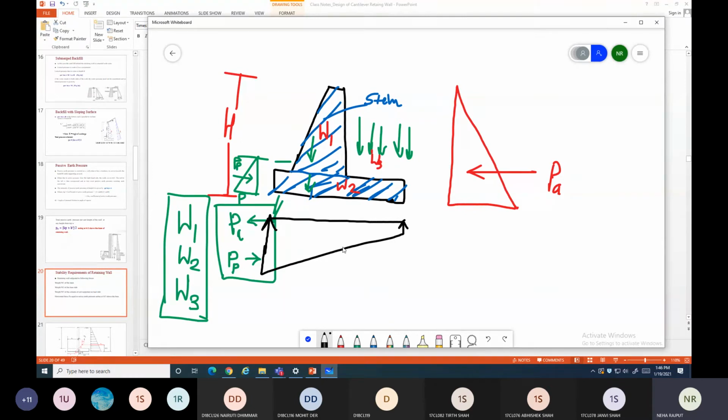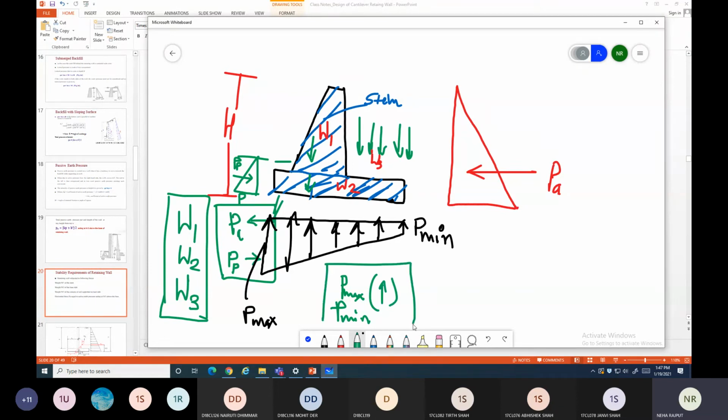You must have studied this in the geotechnical part. The pressure is minimum at one end and maximum at the other, and it acts in the upward direction. These pressure values are P maximum and P minimum, acting in the upward direction.